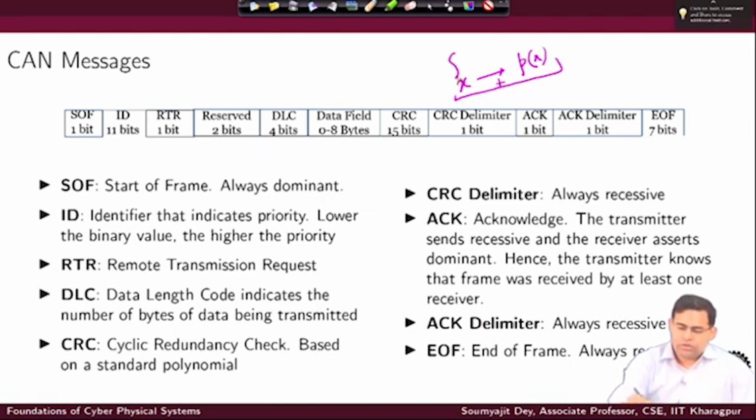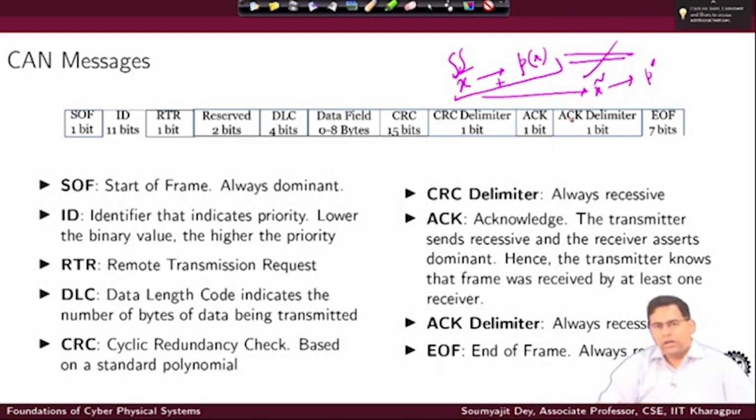The reason being, suppose somebody is perturbing this x, then at the reception side, somebody who knows the CRC polynomial can compute this p(x) for this modified x. Let's say it has become some x prime, and now whatever p prime he computes, they will not match, right? From there it will be known that whatever was sent has lost its integrity. Okay, so these checks are standard and they are implemented in CAN buses also, but it is known that nowadays this kind of security measure is quite easy to break also.